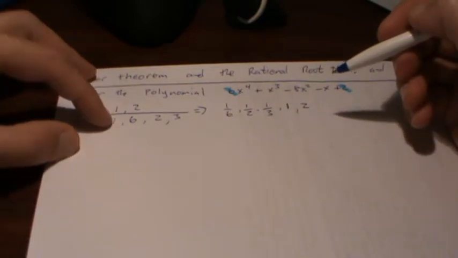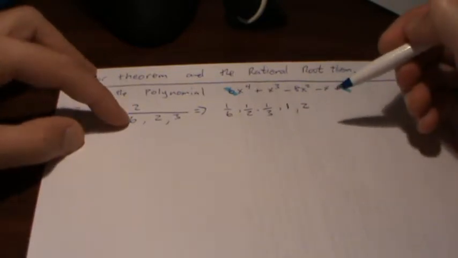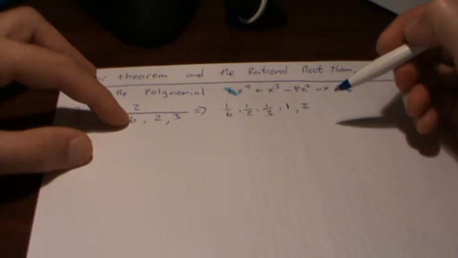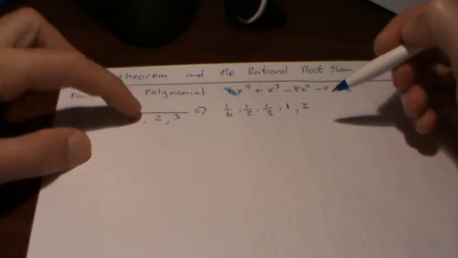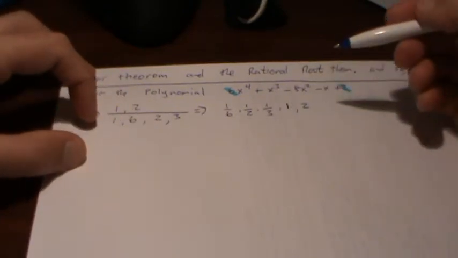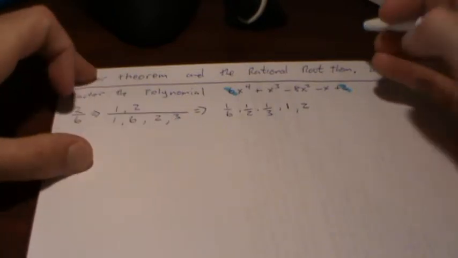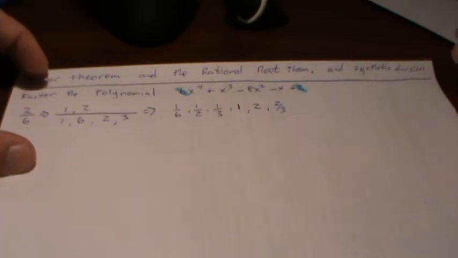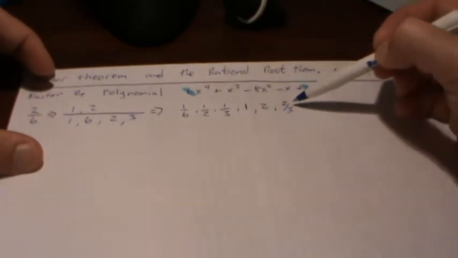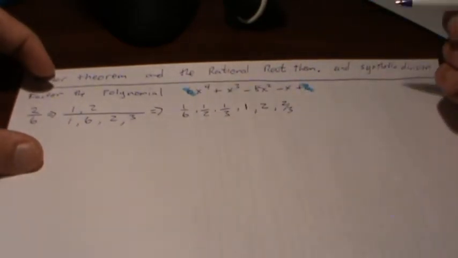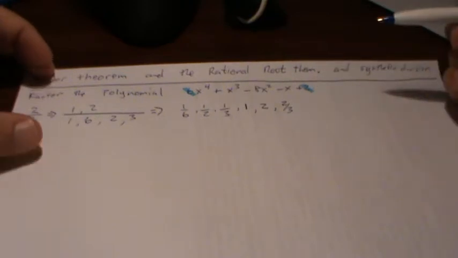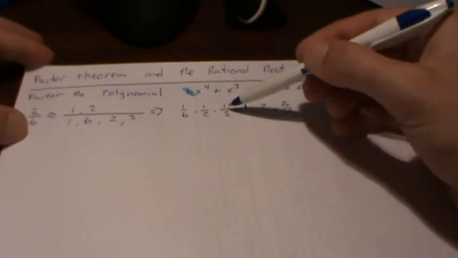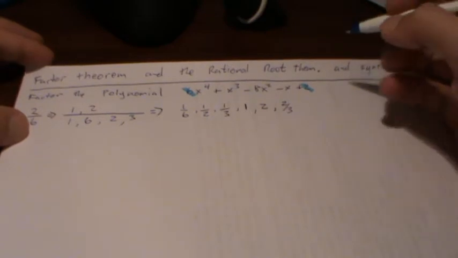So I've done 2/1. 2/6 we already decided is equal to 1/3. 2/2 is actually equal to 1, so I won't list that. And 2/3. So these are my possible factors of this polynomial. So it's narrowed down to 1, 2, 3, 4, 5, 6 possibilities.